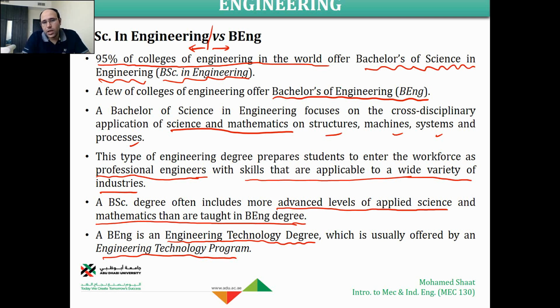If we consider the UAE as an example, I think the only school that offers engineering technology degrees is the Higher College of Technology. They offer Bachelor of Engineering, unless I'm wrong. Because it is the Higher College of Technology, even their mechanical engineering program is not called the mechanical engineering department, it is called the mechanical engineering technology department.